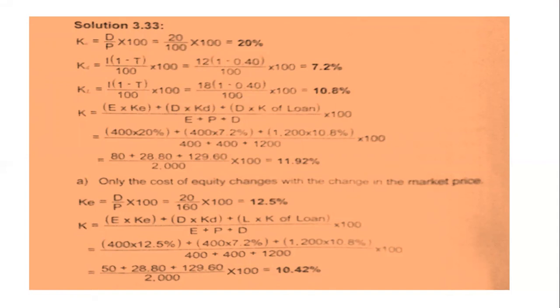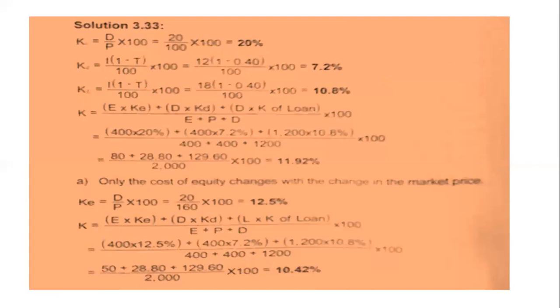So 20 divided by 100. Face value is 100, on that 20% means we'll be getting 20, and that will be the D value. So 20 divided by 100, again 100, P is nothing but the net proceeds. In the case of equity share capital, it is the net proceeds, the P value. So 20 divided by 100 into 100, so we'll be getting 20%. The cost of equity is 20%.